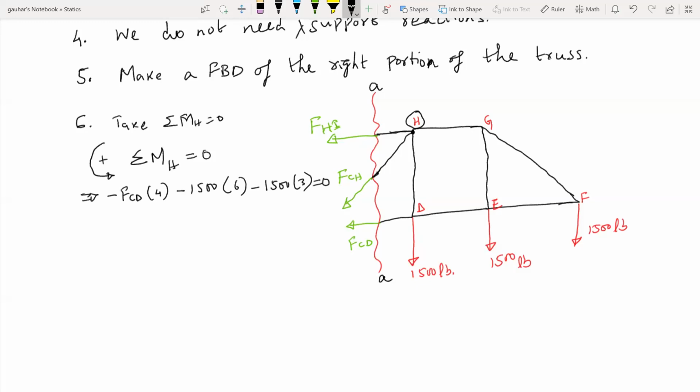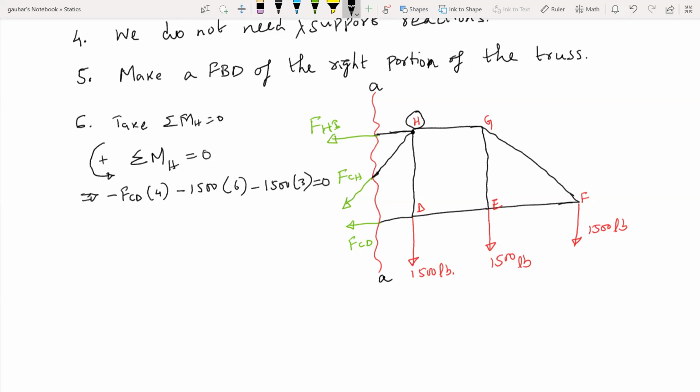So this FCD times 4, which is the moment arm between the force and the point where we are taking moment, point H, then this first 1,500 pound force at point D is passing through point H, so it's not giving any moment, right? And then the other two 1,500 pound forces, they are creating the clockwise moment, so they are also negative, right?